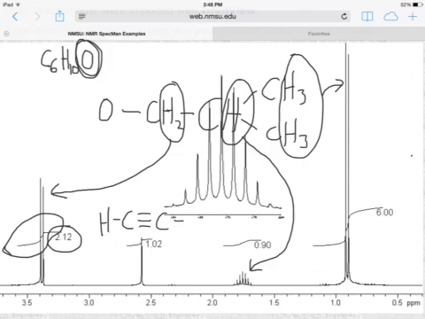Does the splitting pattern make sense? Yes, this peak is not split at all. We have a single peak, so we know that the hydrogen that's responsible for it is isolated. And in a terminal alkyne, it would be isolated because there are no hydrogens bonded to the neighboring carbon.